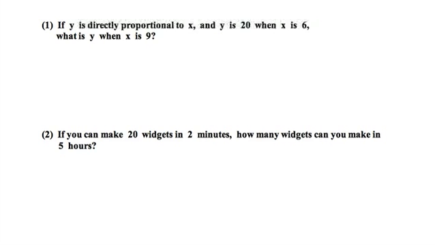pause the screen now. First question, if y is directly proportional to x and y is 20 when x is 6, what is y when x is 9? So we can put that in the y1 over x1 format.